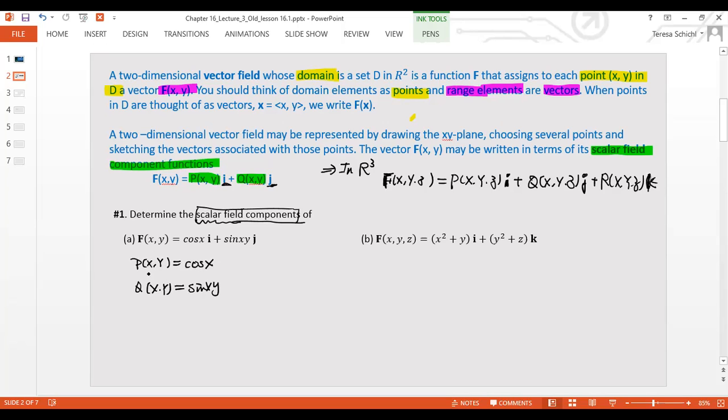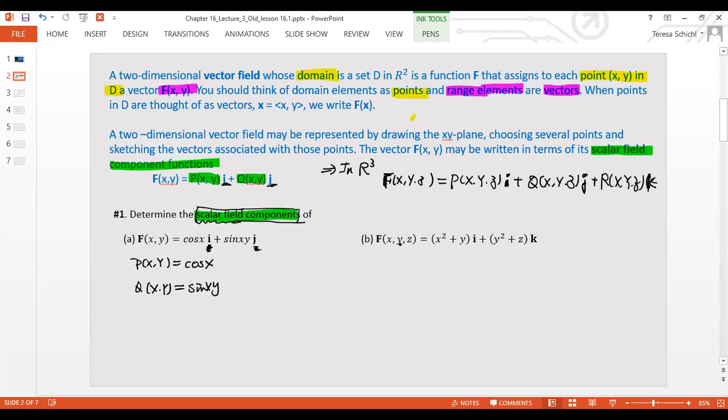That means if you give me any point (x, y), I change it to a vector. The vector's i component is determined by the function cosine xy, and the j component is determined by the function sine xy. We call these two the scalar field components. Let's make sure we understand this terminology, since it's pretty new.